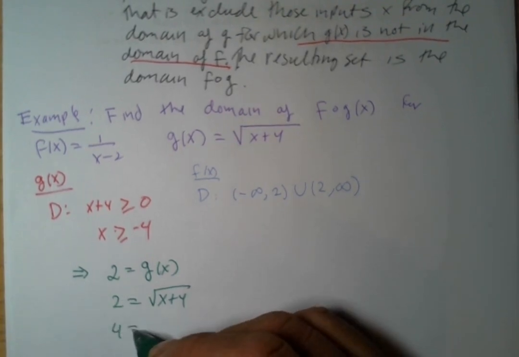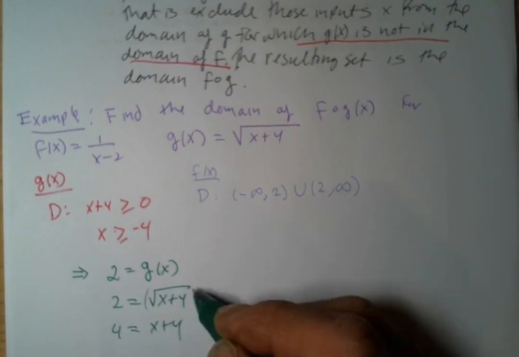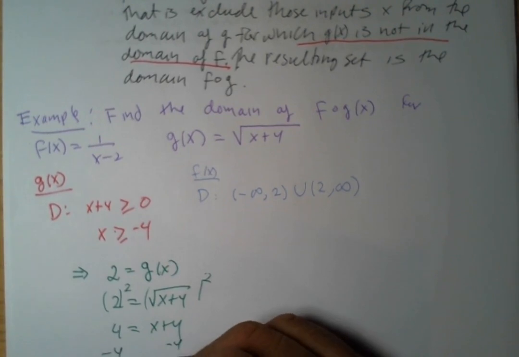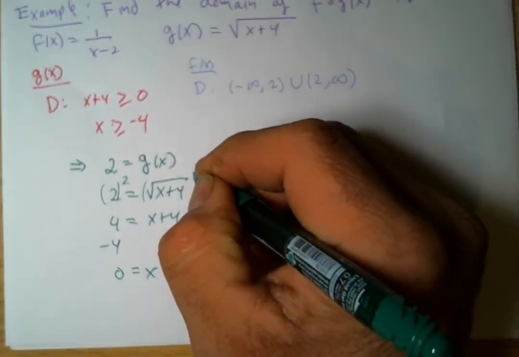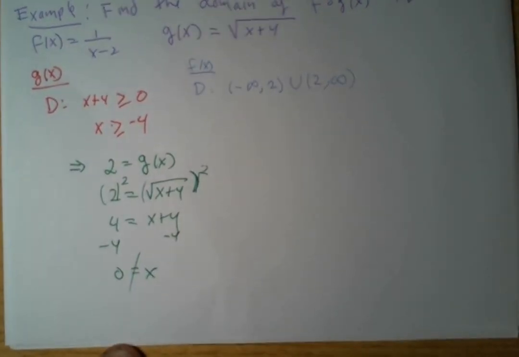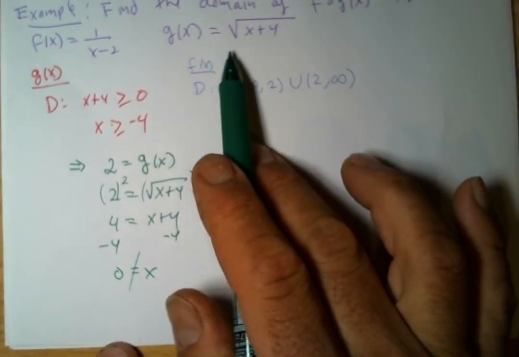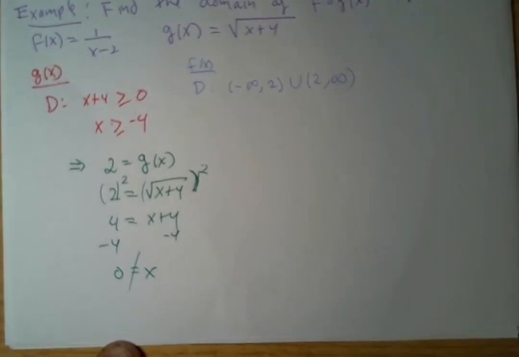Square both sides, subtract 4 from both sides, and we get x is equal to 0. So we're going to exclude this value. x cannot equal 0, because when x is 0, we get 2, and I cannot put that into the function f in my composition.